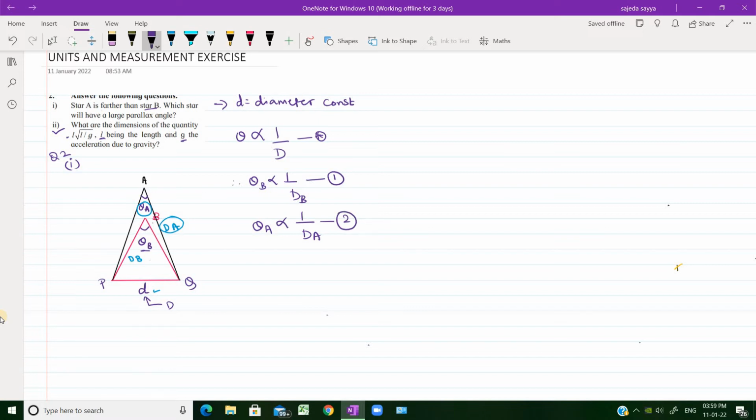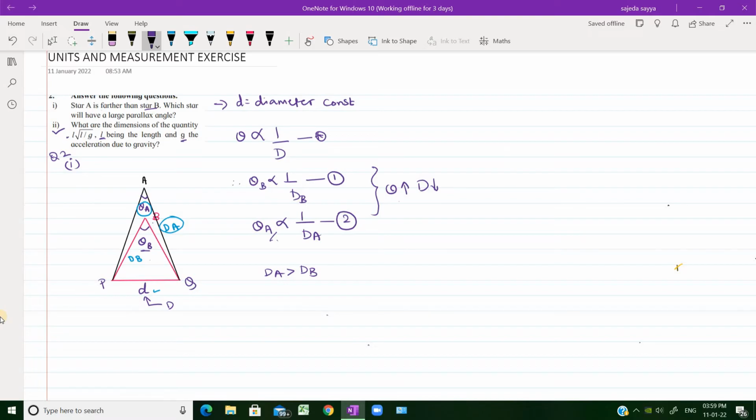Here in this case, dA is greater than dB, and from these two equations we can write that as distance d decreases, theta increases.